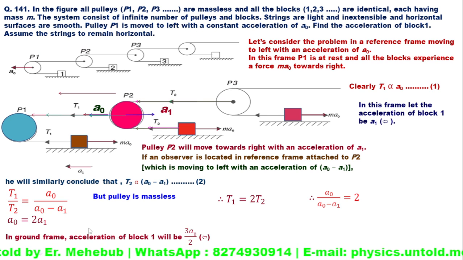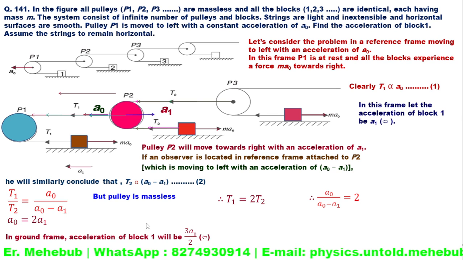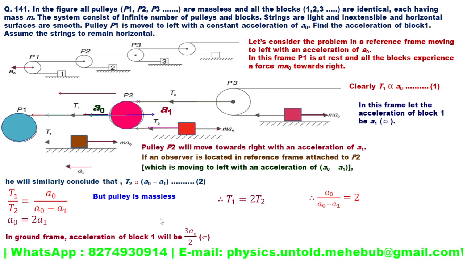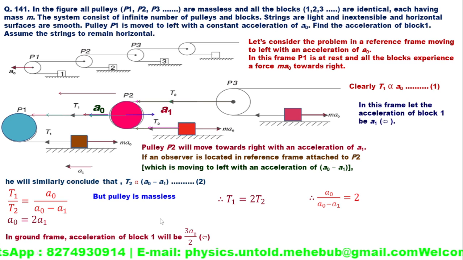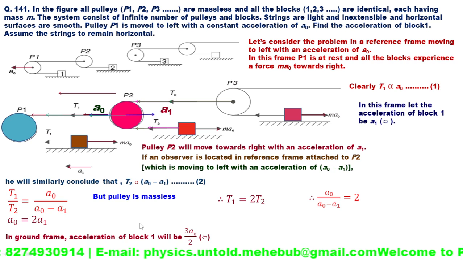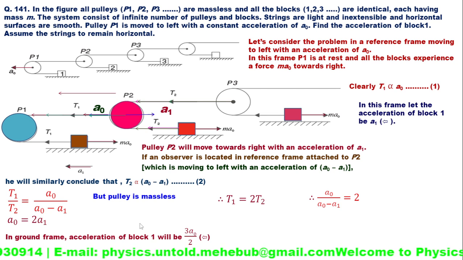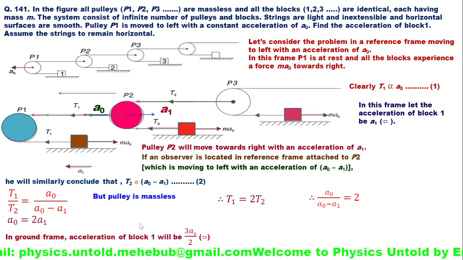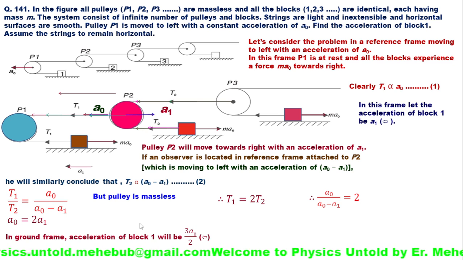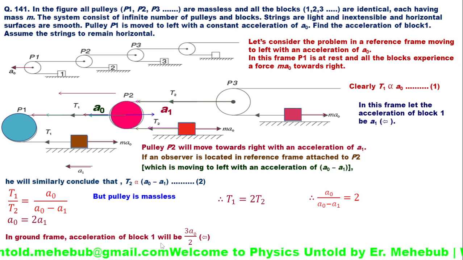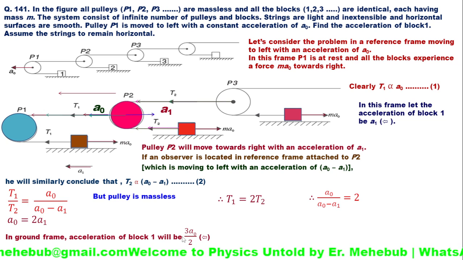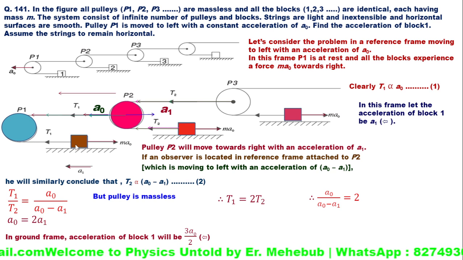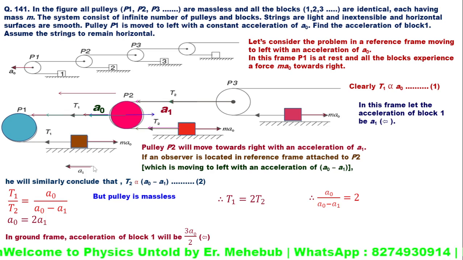So in the ground frame the acceleration of block 1 will be the sum of these two accelerations, a0 plus a1, where the value of a1 equals a0 divided by 2. If we sum these two accelerations, then the net acceleration of block 1 must be equal to 3a0 divided by 2, and it must move in the leftward direction.